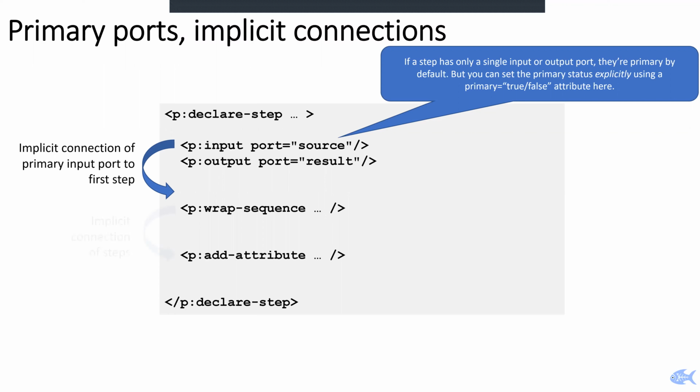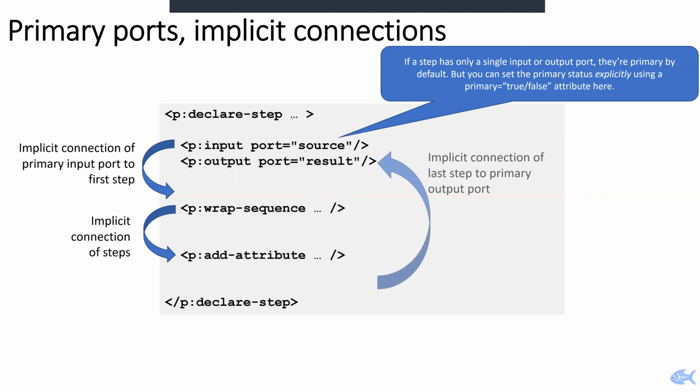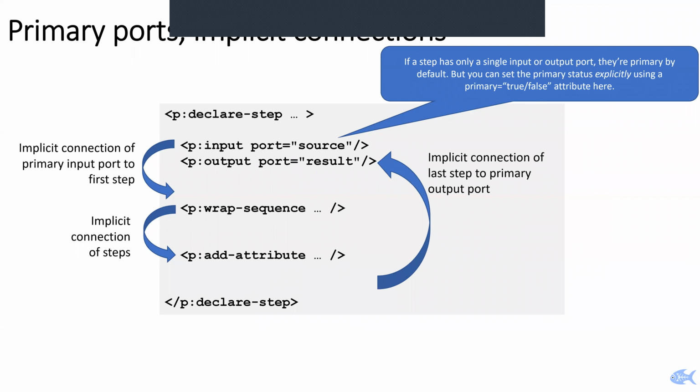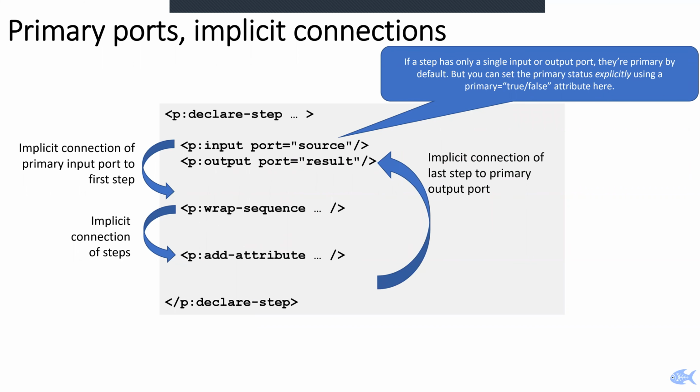From there, because both wrap sequence and add attribute have a primary port, they implicitly connect so that your document flows to the next one. And from the last step in your pipeline, you have an implicit connection to the primary output port of your encompassing step. So actually this makes it easy to use, easy to write.